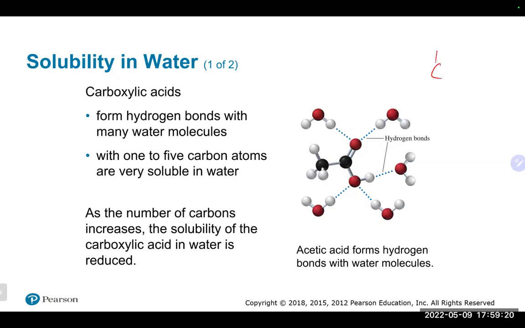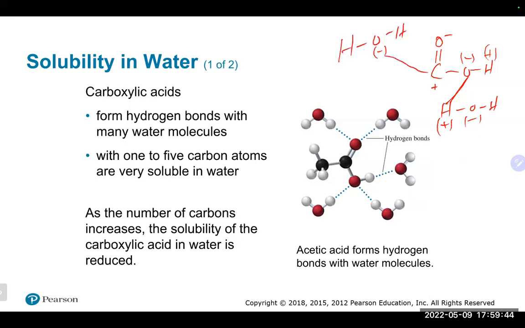Water is polar and this is polar, so water can interact with the OH part, but because the carbonyl group is also polar, the water can interact over here as well. That gives a pretty good solubility. Up to pentanoic acid, with about 5 carbons, should be fairly soluble in water.